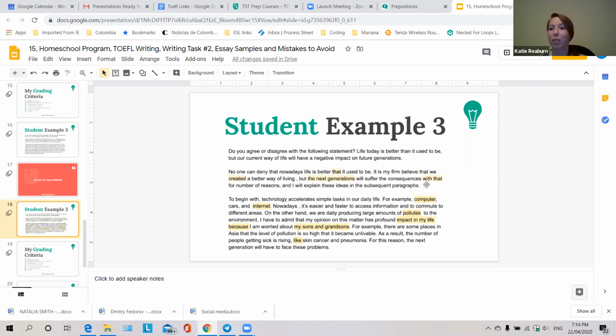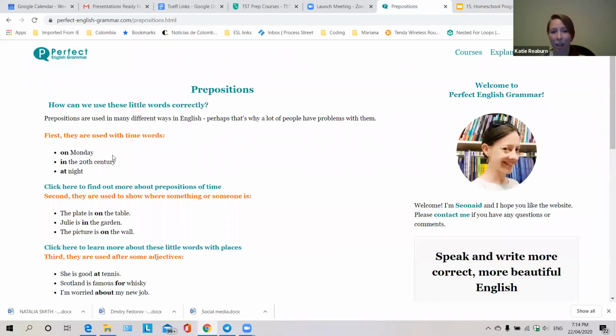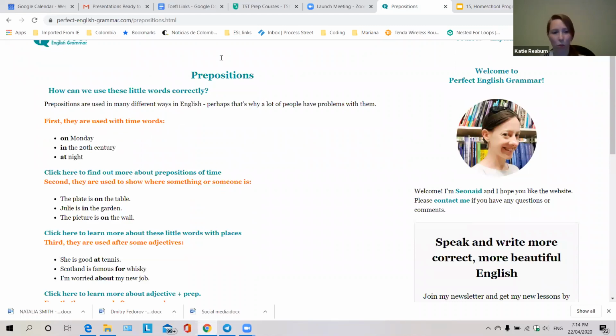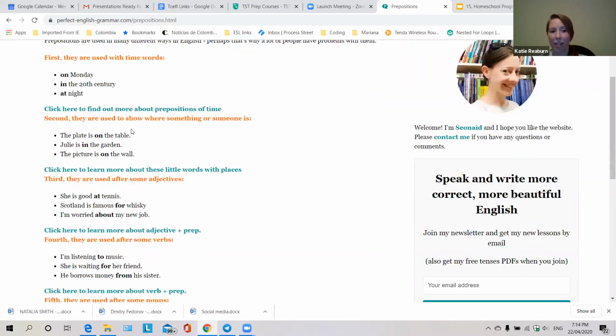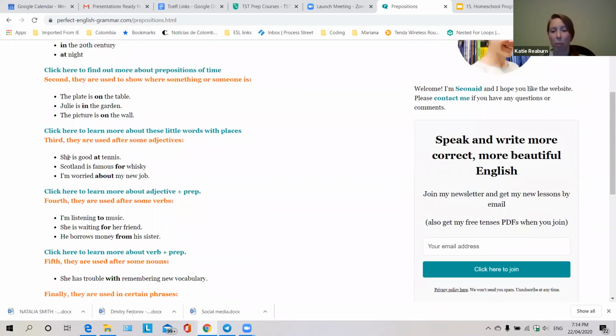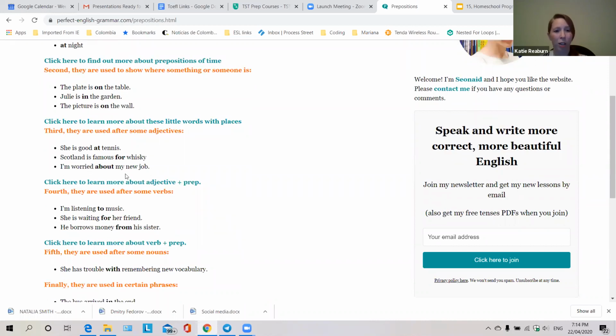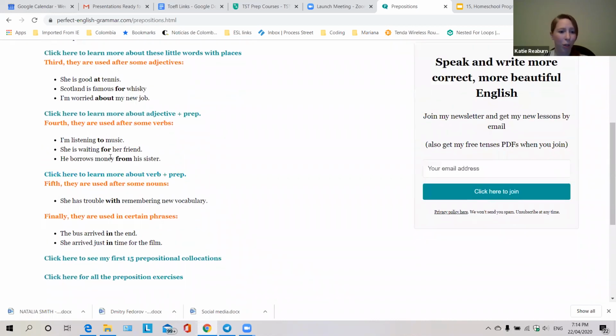Reviewing them is a bit of a nightmare though, because there are so many things involved. This website I sometimes recommend students to look at. It has a lot of explanations and examples for different grammar points. If we look at prepositions here, we can see you can review prepositions with time, with place, prepositions that match certain adjectives, certain verbs, and certain nouns or phrases. And that's not even all of it.